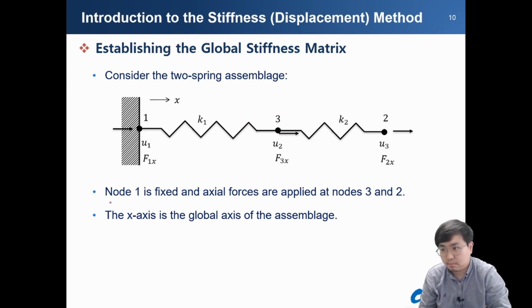So the first node is fixed on the wall, and then we are going to apply some force at the third node and the second nodal point. So it looks like this, and this capital F means the global forces. Before we go into more detail, we can consider those kinds of local stiffness and force vectors.